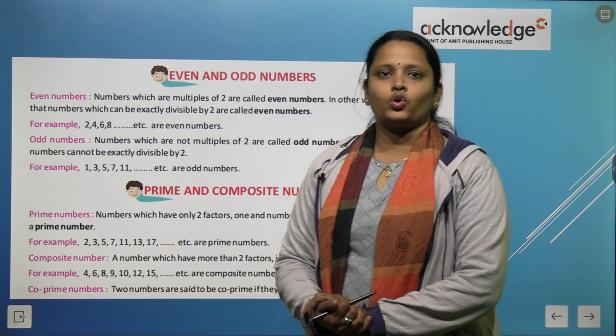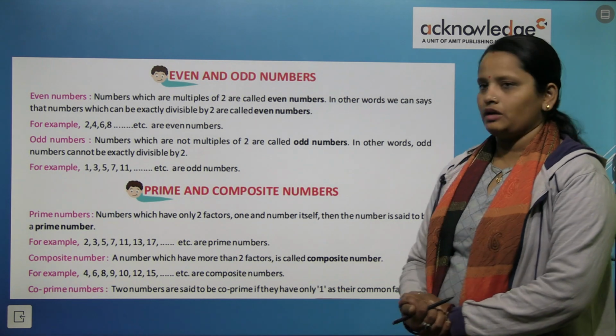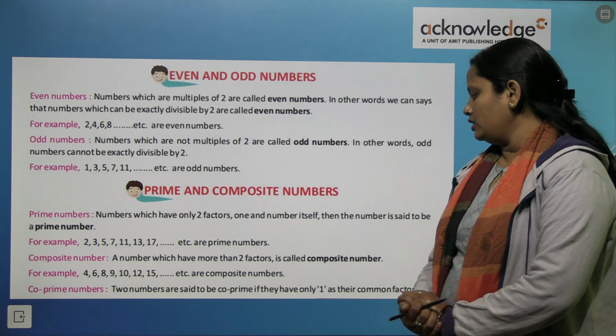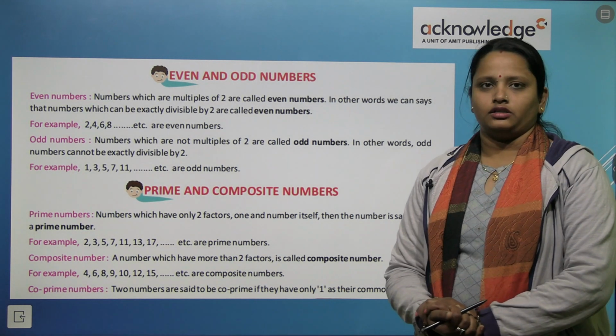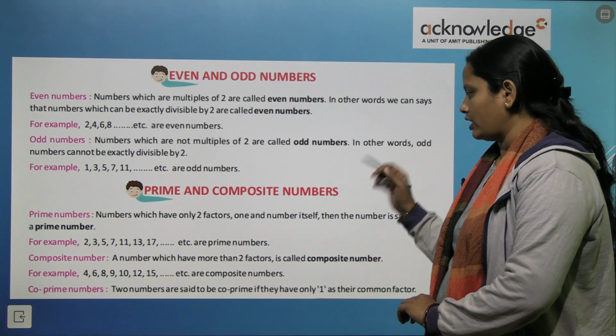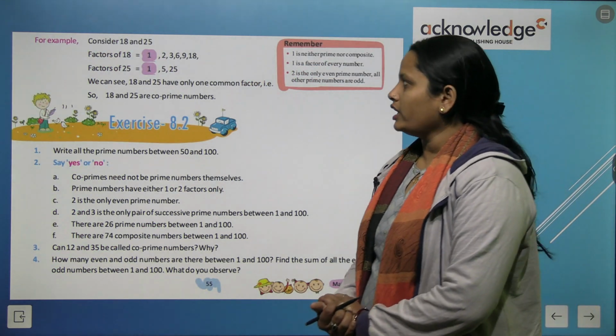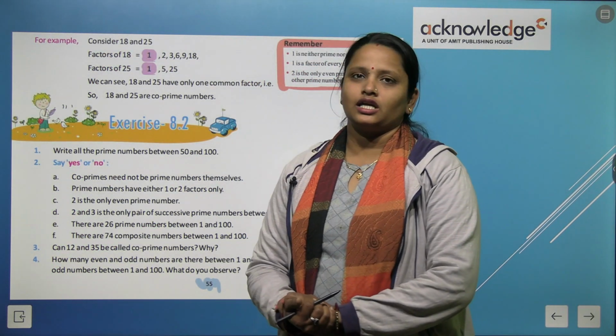Now the next is co-prime numbers. Two numbers are said to be co-prime if they have only one as their common factor. दो numbers को हम co-prime तब कहते हैं जब उनका common factor सिर्फ 1 हो. For example, consider 18 and 25.